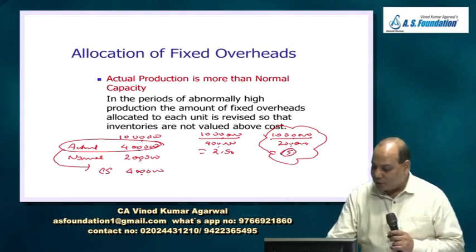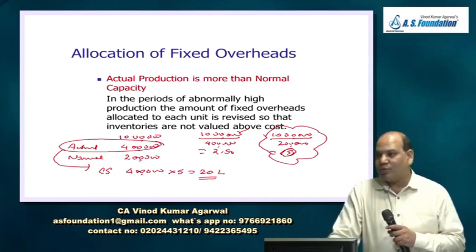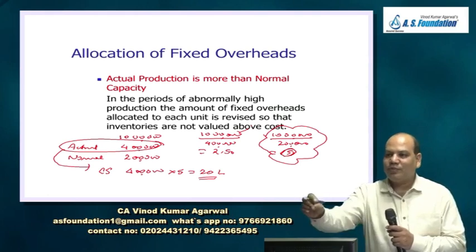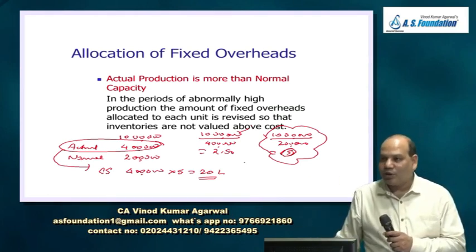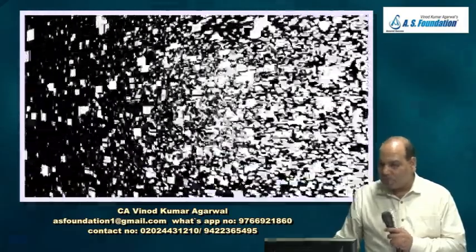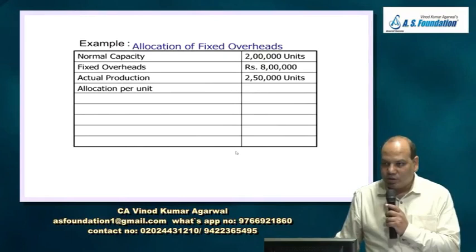So if I apply 5 rupees for valuation purpose, the overhead absorbed will become 20 lakh, but the actual overhead incurred is only 10 lakh. You can't over absorb the overheads. In accountancy, we will only record what we have incurred, not a hypothetical number. Therefore, we will take actual so that there is no possibility of over absorption. Inventories are not valued higher than the cost you have actually incurred.